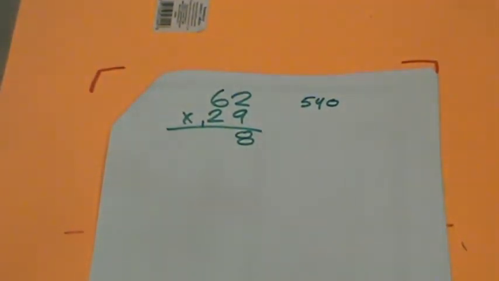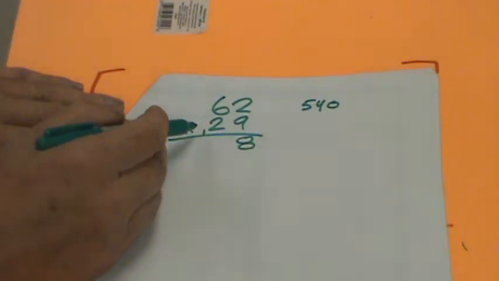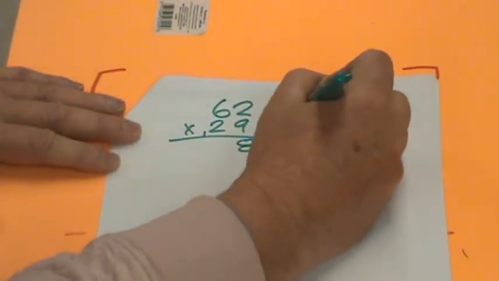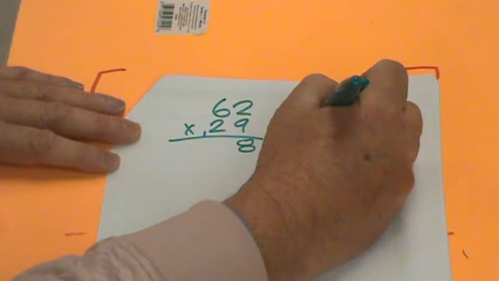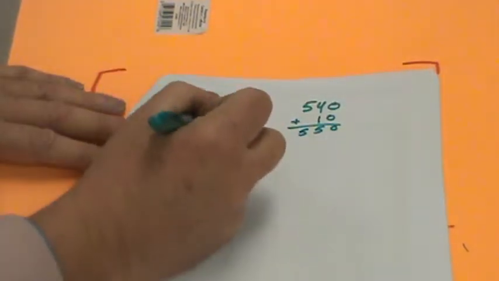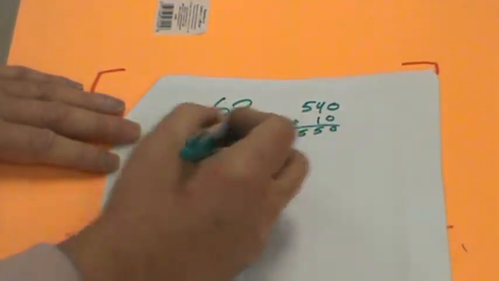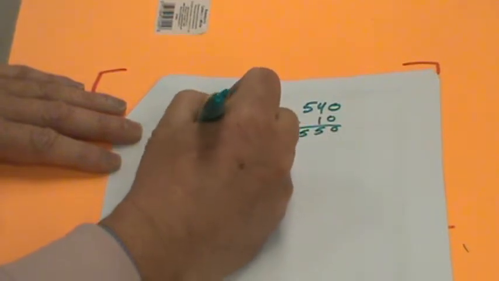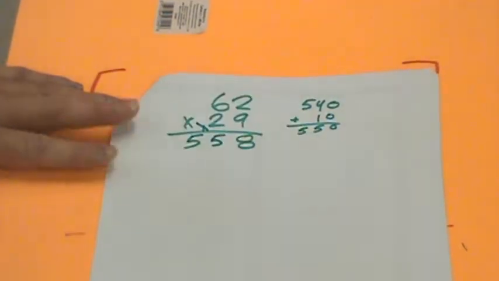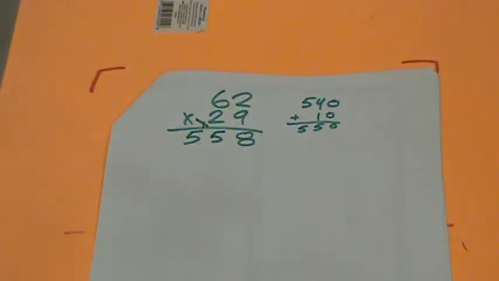Just 1, okay? So it'd be 540. But I have this other 10 to deal with. So we're going to add that 10 onto it. And of course we get 550. So I'm going to cross that out, but I don't need to put 550. All I need to do is put the 55, because we already have a number in our ones place value, okay?